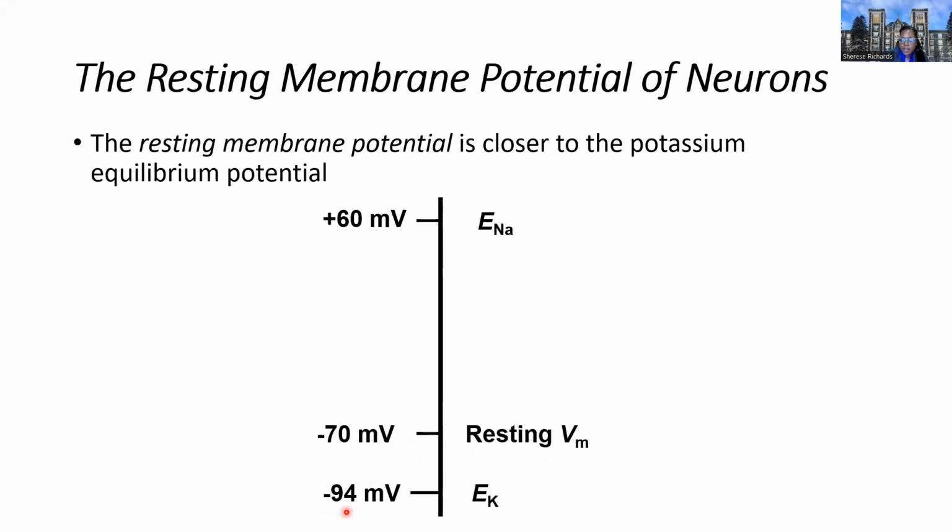So what this tells us is that potassium's movement is very weak because potassium is really at home, it's close to its equilibrium when the cell is at rest. So the strength with which potassium wants to move is much weaker than the strength with which sodium would want to move, because at rest, potassium is closer to its own equilibrium.